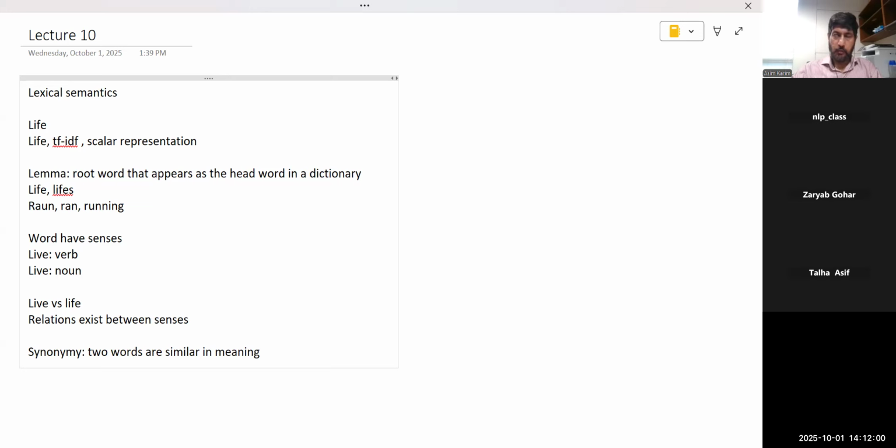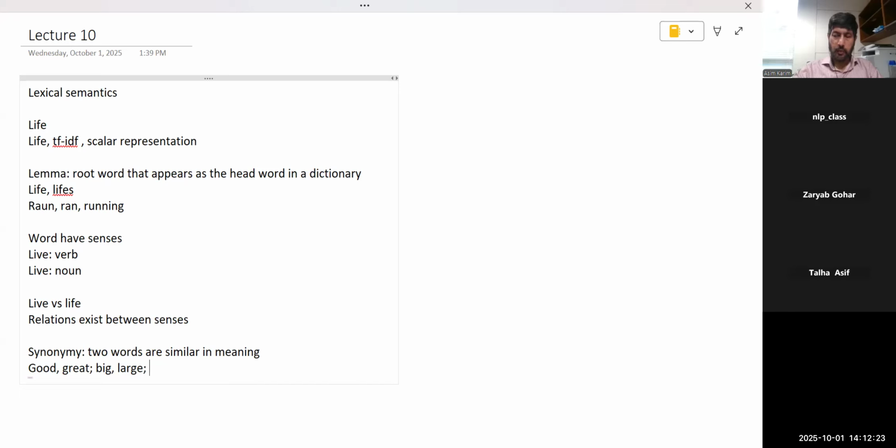So again, when I say word, we are talking about specific senses of those words. So for example, good and great can be considered to be synonyms. For example, big and large can be considered to be synonyms.